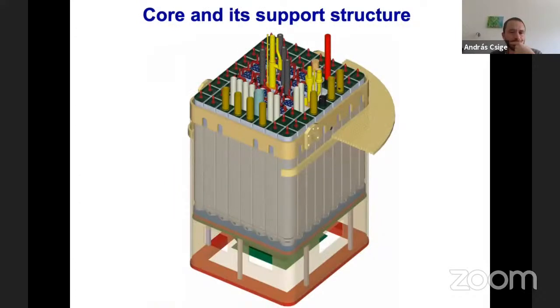You see here the core and its support structure. Fuel and reflector assemblies are in the core basket. Cooling water enters the lower part through these windows or cutouts. Then it takes a turn upwards and flows through the fuel assemblies. The flow is a natural flow based on the density difference between cold and warm water.